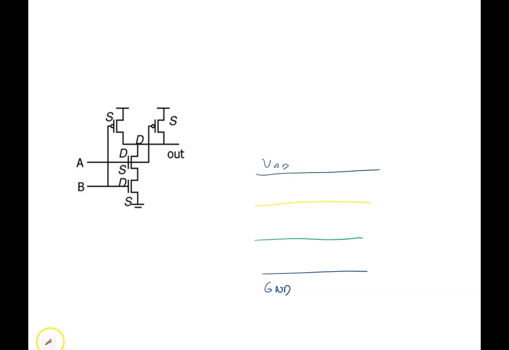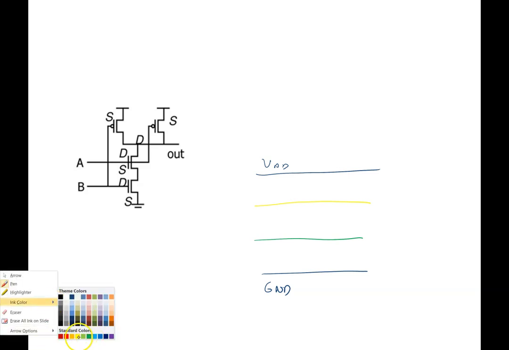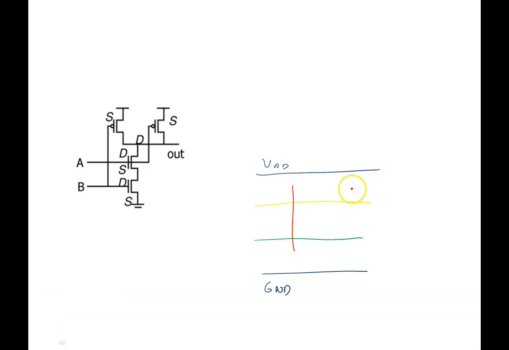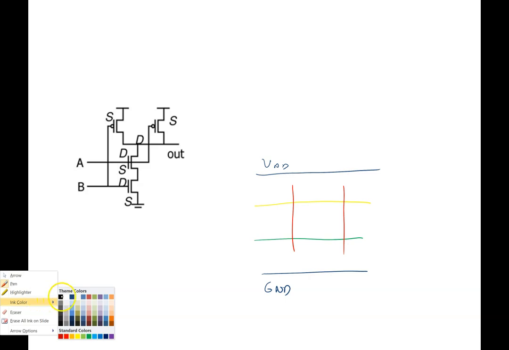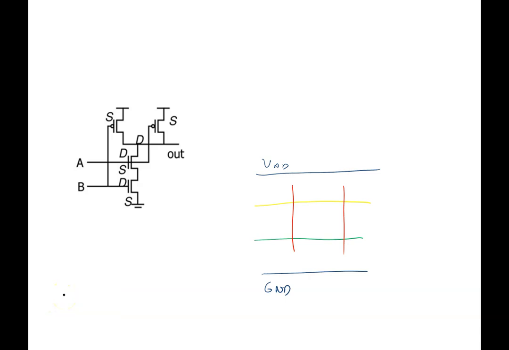And then there have to be 2 polys because there are 2 transistors. Now I have the series stack on the NMOS side, so I just call this SD, right? And then I can just actually be done with it.